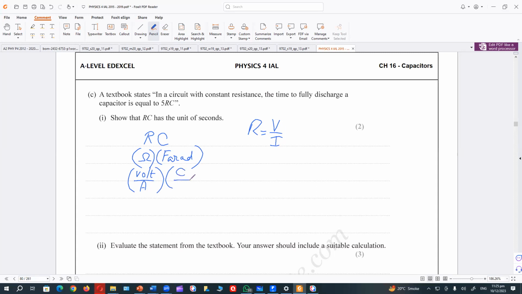Coulomb per volt. So V cancels out, and it's Coulomb per ampere, and ampere is Coulomb per second. So it's just seconds.